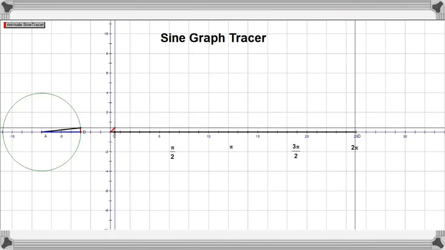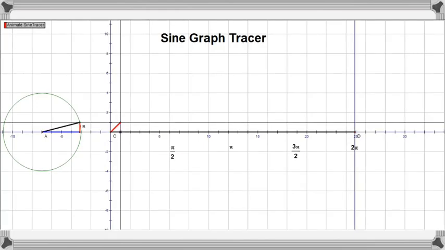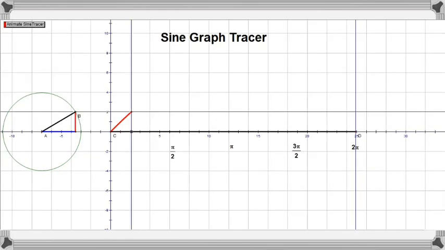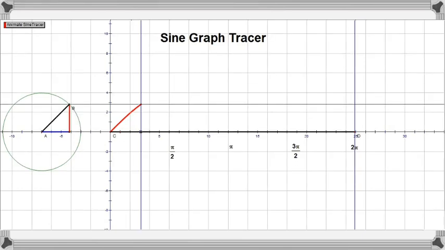There we've started on our journey, and here comes the next bit, and we are moving anti-clockwise, and we are tracing out on the left the angle that we've swept on the graph, and we're also tracing the height of the red line, the vertical line, or the y coordinate of that triangle in the unit circle. You see how it goes?